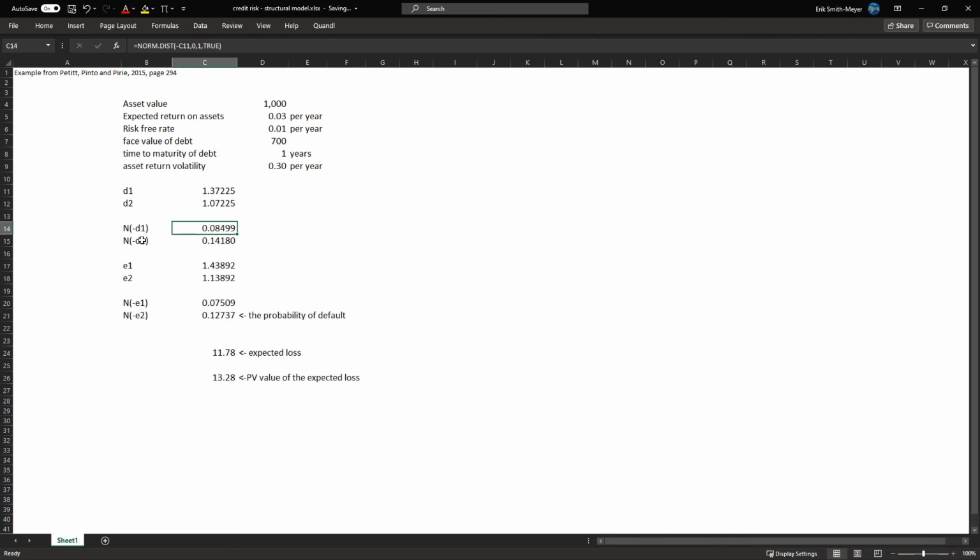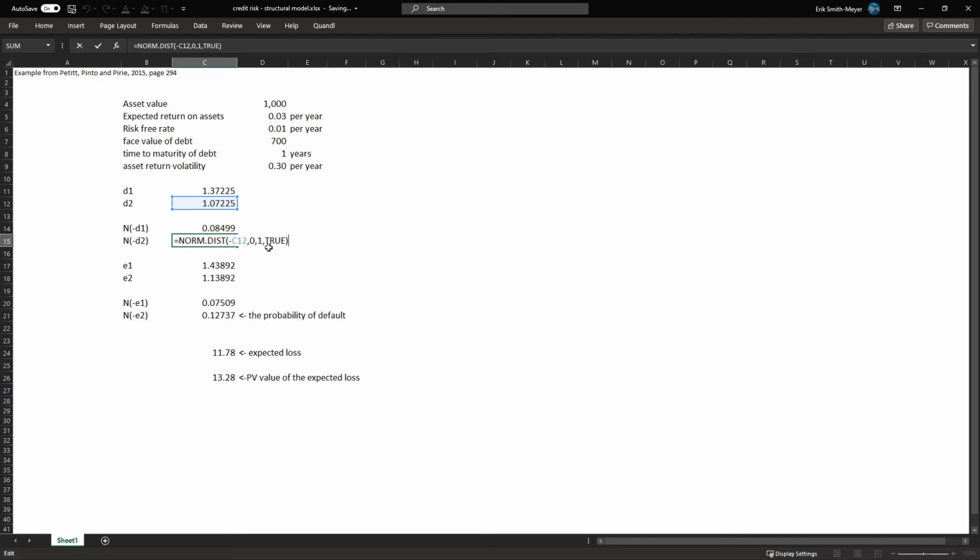And we do the same here. We take the norm.dist function, and we take negative D2, and the parameters for this norm.dist function are 0, 1, and true.